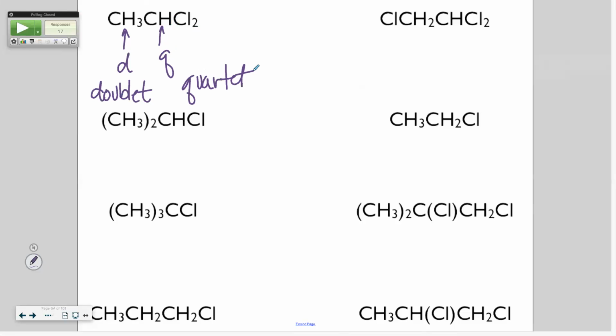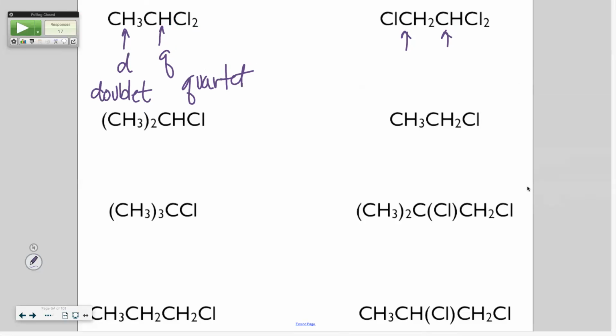All right, let's go over here to this one. How many kinds of hydrogen? 2, right? This one and this one. Okay, so let's look at the first one.